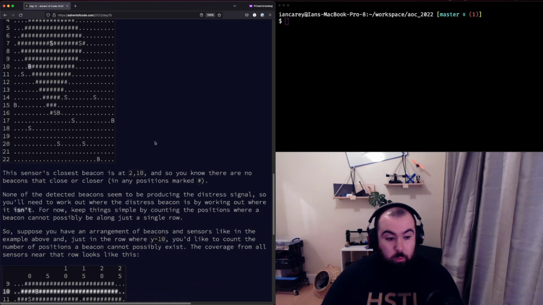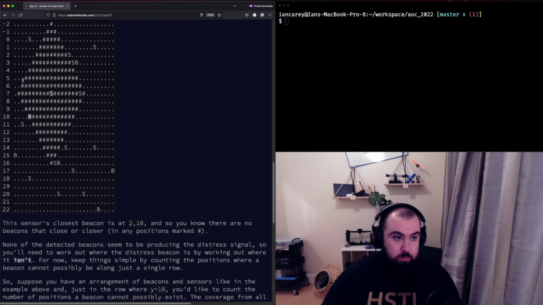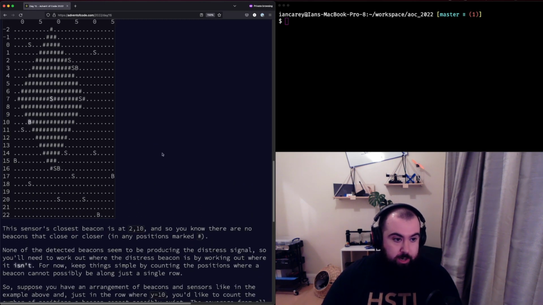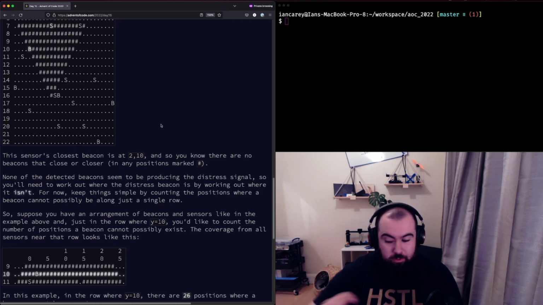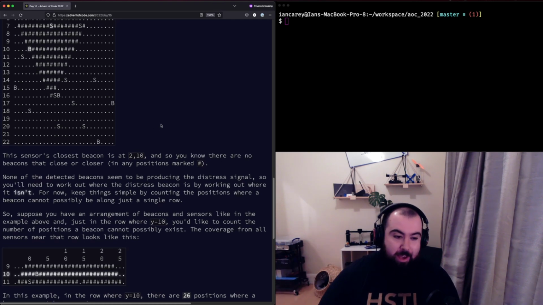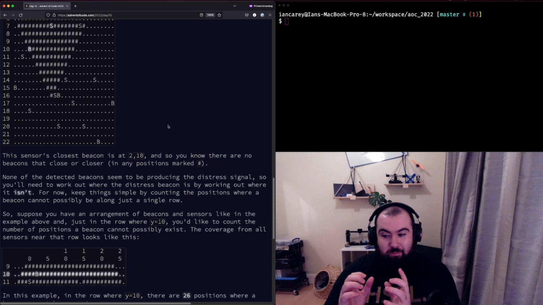So what we're asked is, for a specific y coordinate, which you see listed down along here, how many spaces, for the entire map, are we certain there is no beacon?